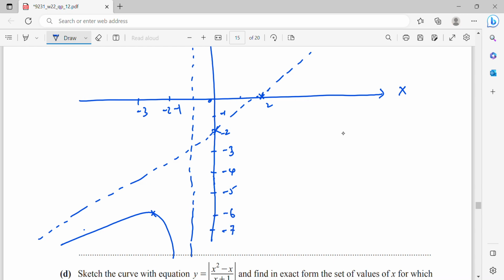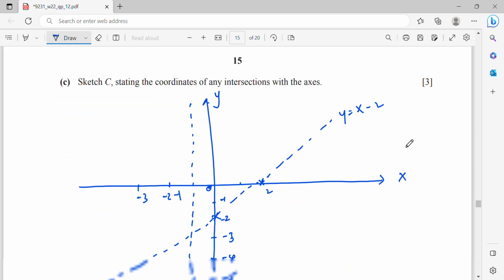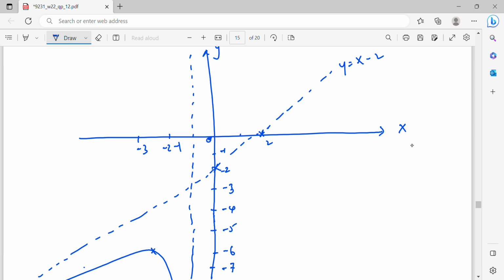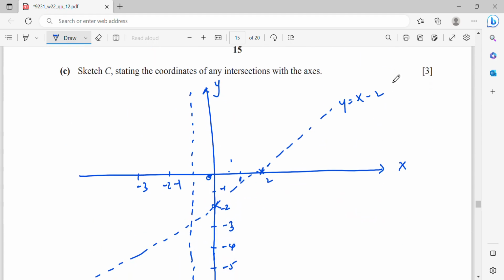Okay, so here is 0. Then another one is 0.41, negative 0.71. 0.41 is here, and then negative 0.71 is somewhere here. Then you just mark.